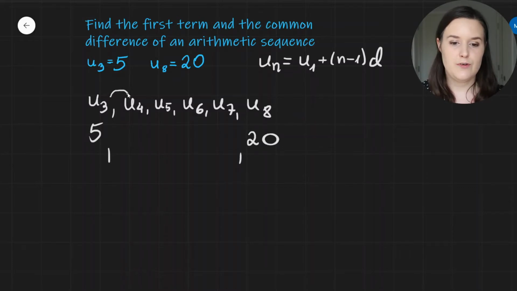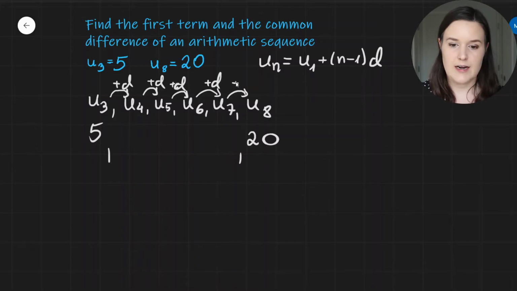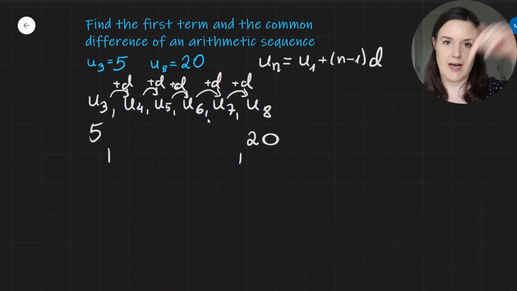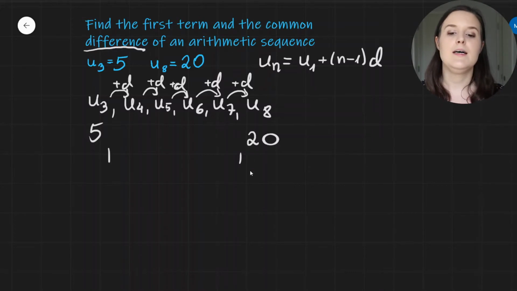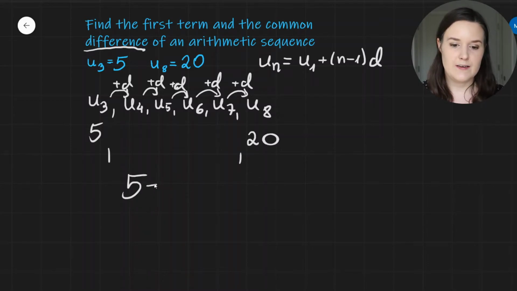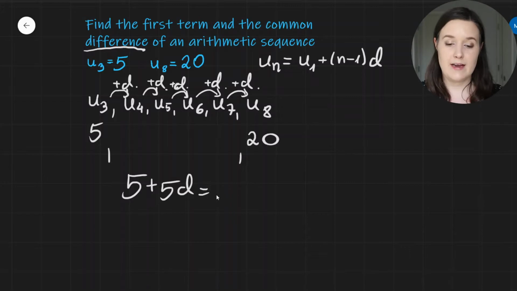Okay, to get to U4, I have to add the common difference. To get to U5, that's how I jump to the next term in an arithmetic sequence. I just add the difference. I don't know what the difference is. That's what we have to find. But I know that if I add to the third term 1, 2, 3, 4, 5 differences, I will get the 8th term, which is 20, right?